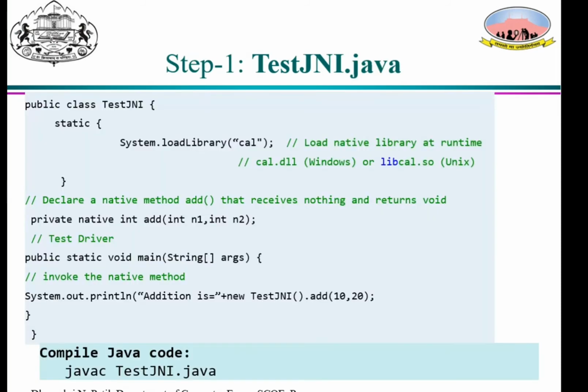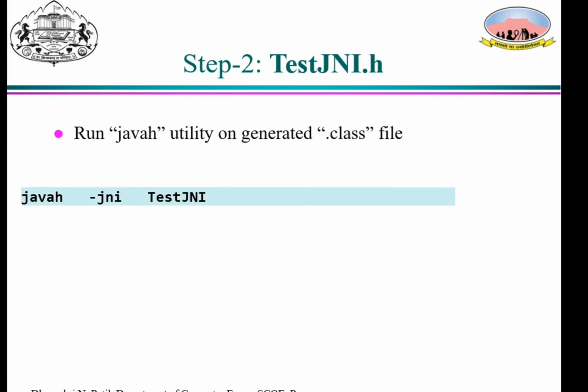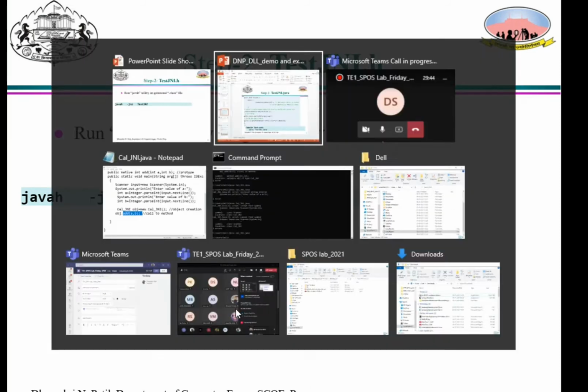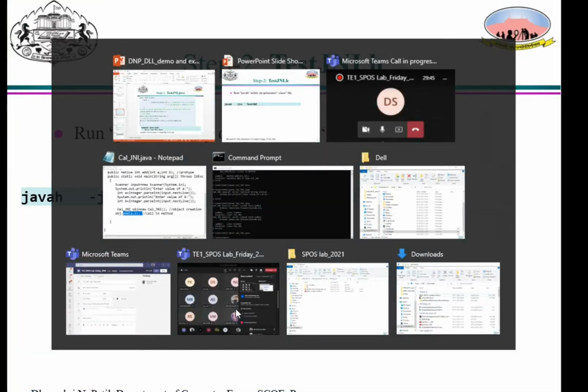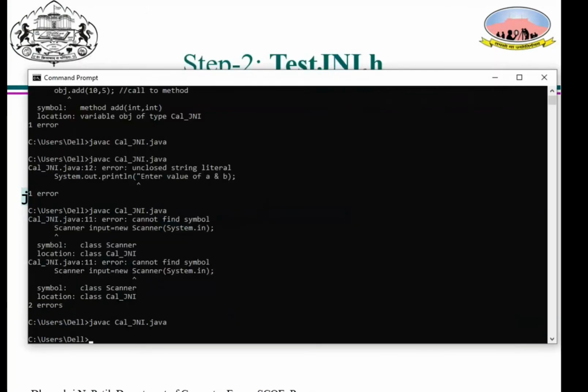Once your class file is ready, what you have to do on the terminal is type javah -jni test jni. Now here I won't be able to do that. The reason is I recently installed Eclipse and it does not have the JDK version, so that's why javah is not found. But when you use Fedora, this javah -jni is going to work definitely, because it is working in my Fedora version properly.